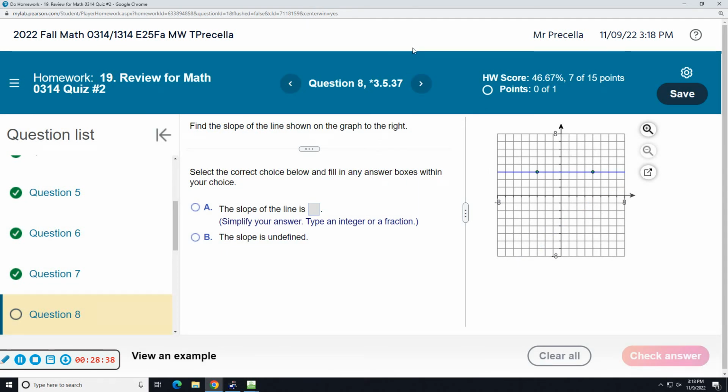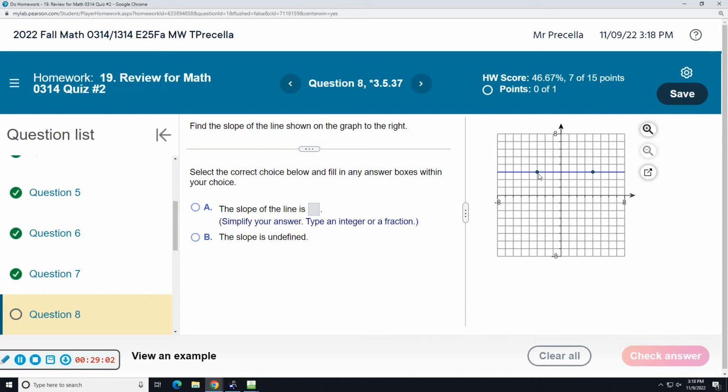Number 8. Find the slope of the line given, shown on the graph to the right. Notice they're trying to point out 2 distinct points, there and there.